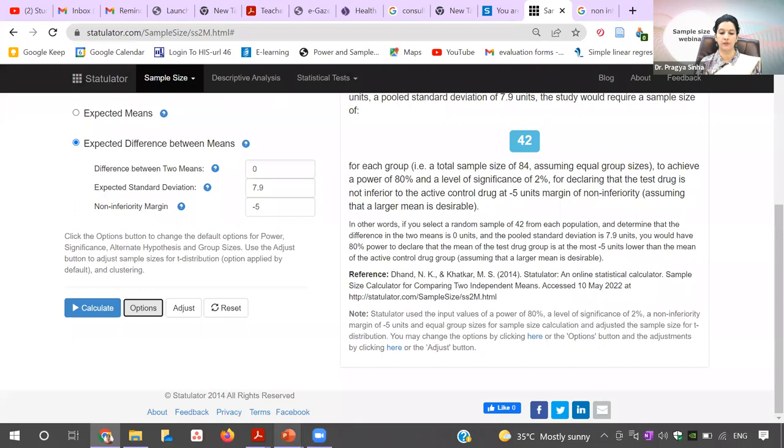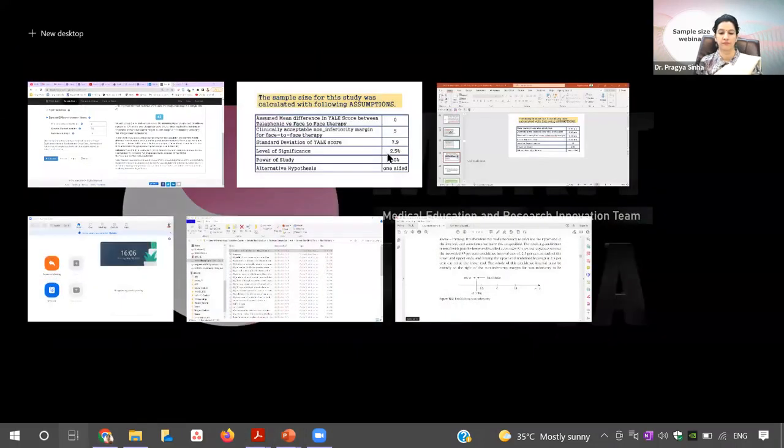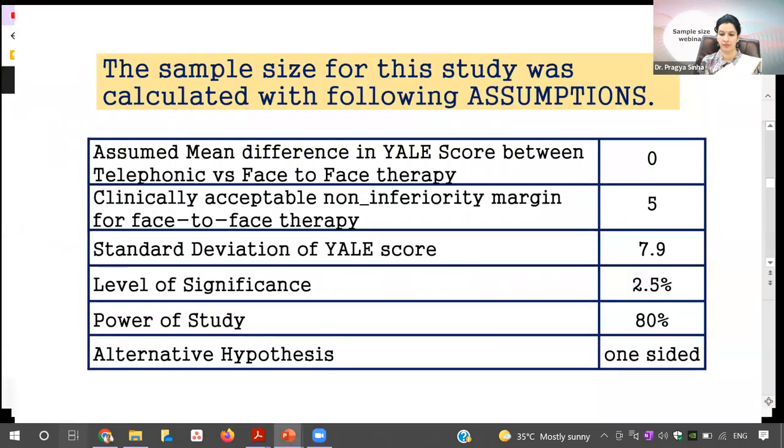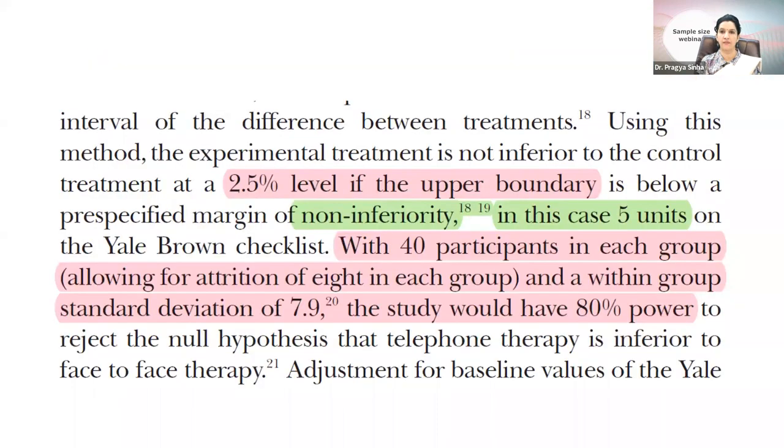And if you see their calculation, they have taken 40 participants in each group. But there was some confusion in this because they have written 40 participants in each group, and then they are saying allowing for attrition for 8 participants.